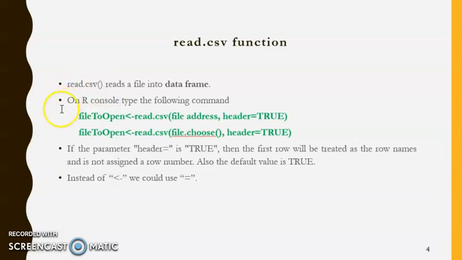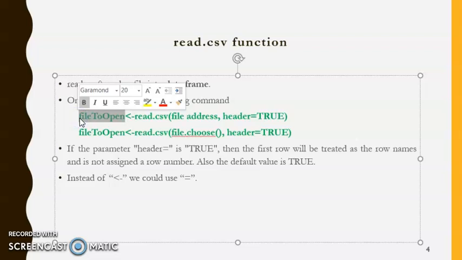In the second bullet, it talks about the syntax we use. On the R console, type the following command. I'm going to show you now so you can follow me and learn the points better. My file to open is the name of the object we want to put for the data that we are reading into R. Then the small arrow sign, the assignment operator, and read.csv.